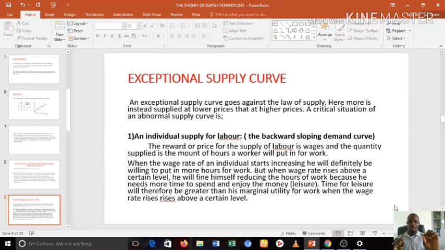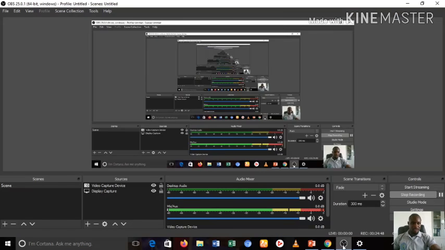So now we are looking at those factors, those exceptions to the law of supply. If the normal supply curve slopes upward from left to right, it means that the exceptions to this law will not make the supply curve move upward from left to right.